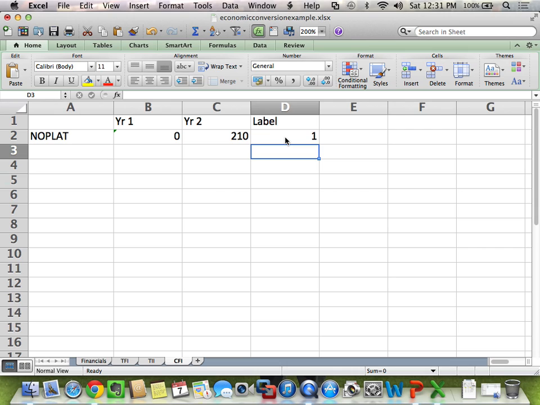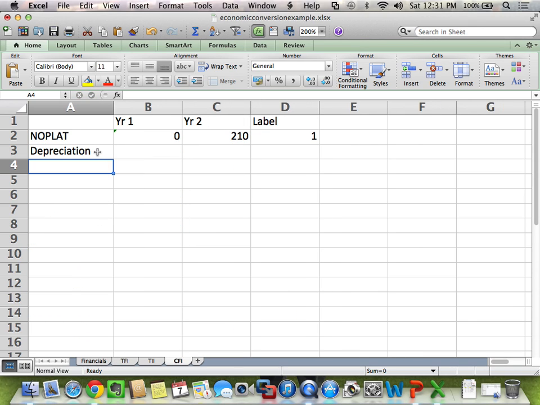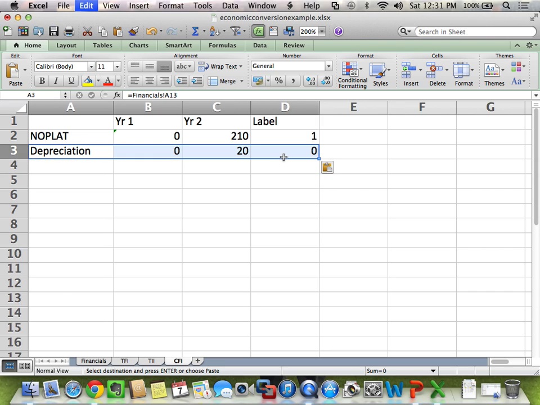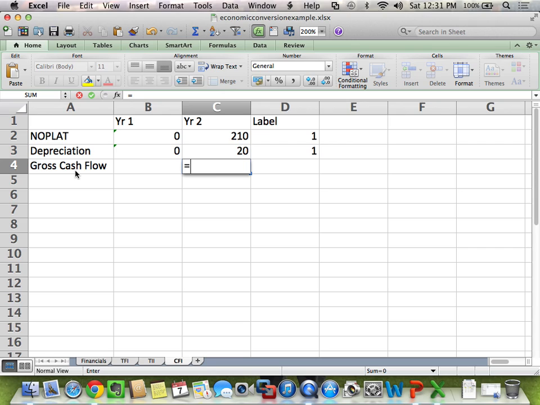So since this is the cash flow statement, we have to add back depreciation. So the very specific definition of gross cash flow, as it's called, is NOPLAT plus depreciation. That's the definition of gross cash flow.